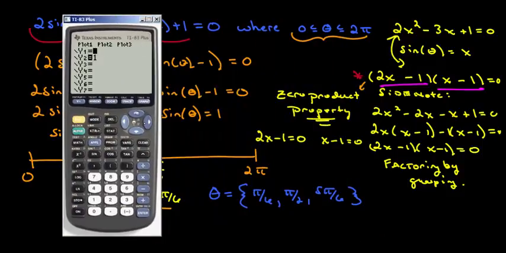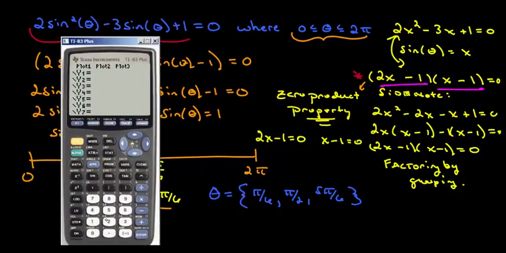Let's go to my y equals, clear everything out, and now I'm going to type in 2 times the sine of the angle squared minus 3 times the sine of the angle plus 1.